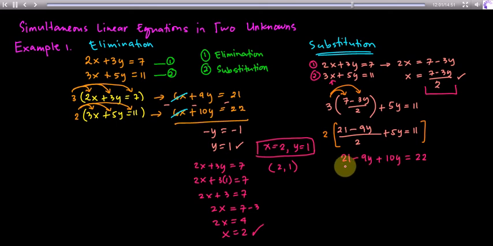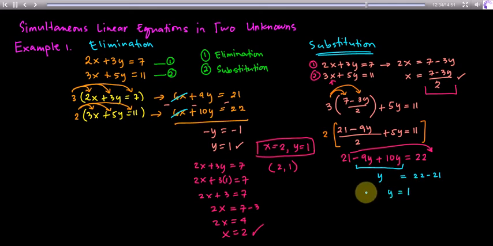We could move this 21 to the right side. So we have here the remaining, which is only negative 9y plus 10y. We combine these 2, this will result to y. And then 22 minus 21, because we move this 21 to the right. So we're having here y is equal to 1.